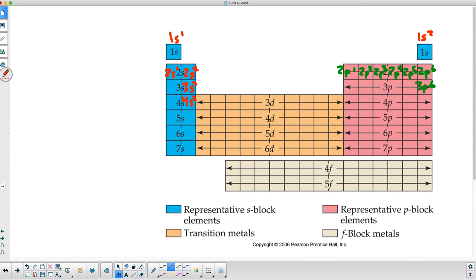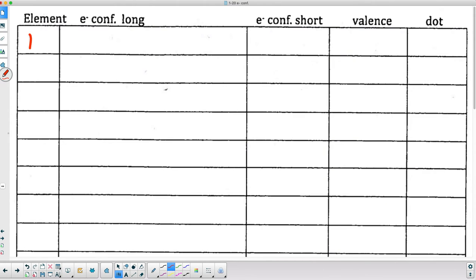So let's go back up here. The element's going to be hydrogen, and then we're going to get helium. So I got 1s1. There is no short configuration for that. It's just 1s1. The valence is 1 electron. So that would be 1s1 are the valence electrons.